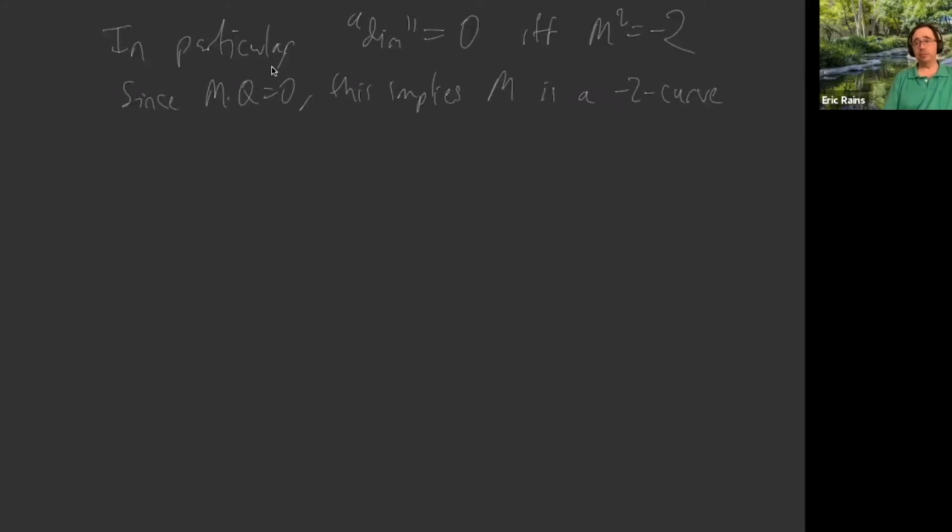That is, it's supported on a smooth rational curve of self-intersection -2. In other words, rigid equations roughly correspond to -2 curves. I mean, this is modulo checking that the expected dimension is correct, but this is what we get.